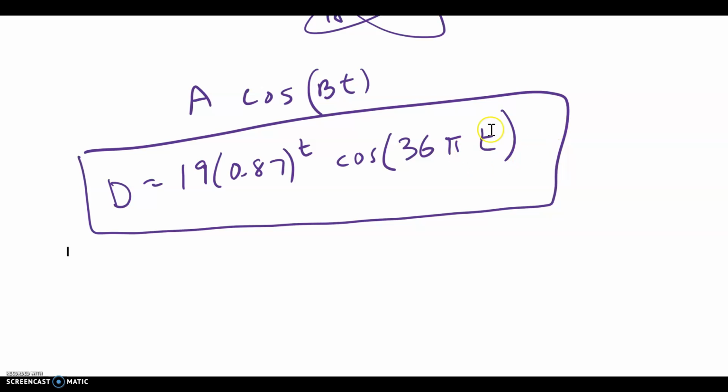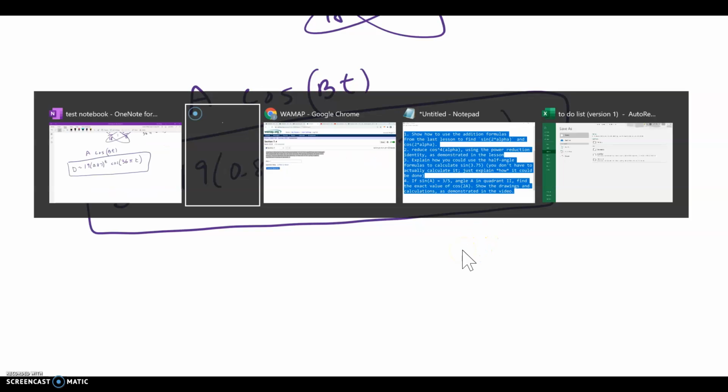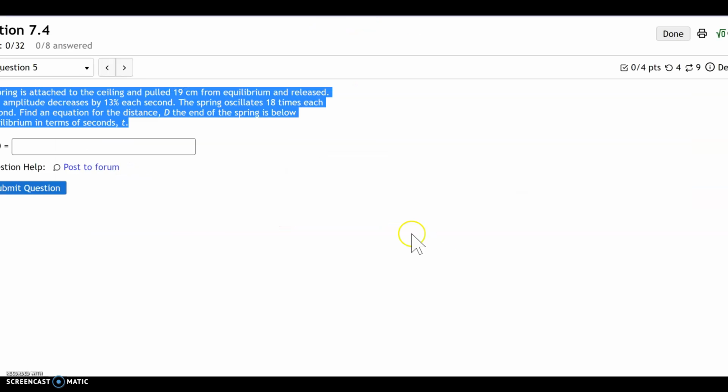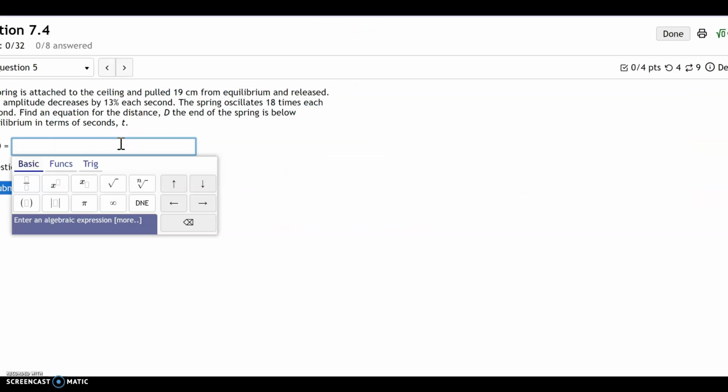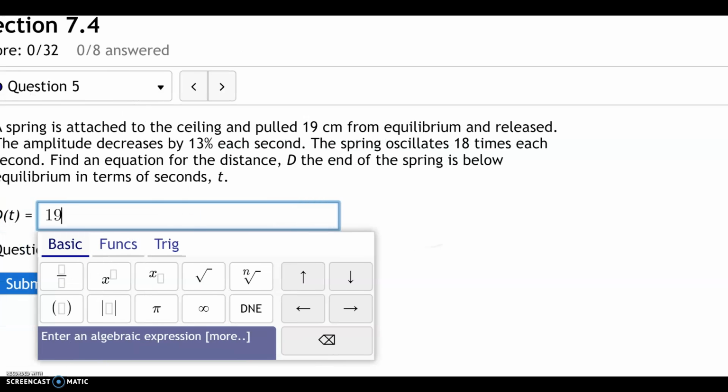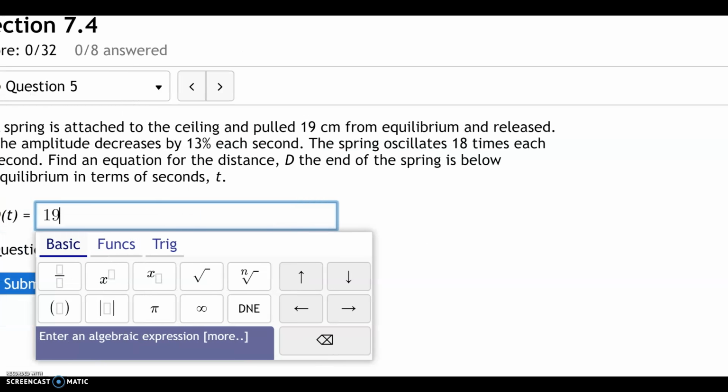Let's type this in here. So make sure we've got it right. It says distance equals, so I don't have to write the equal sign, I just have to write the equation. So it's 19, let me zoom this in a little bit here. 19 times, that's asterisk, 0.87.